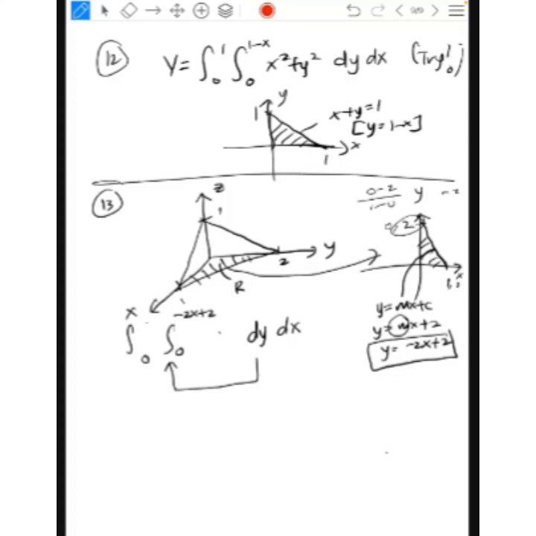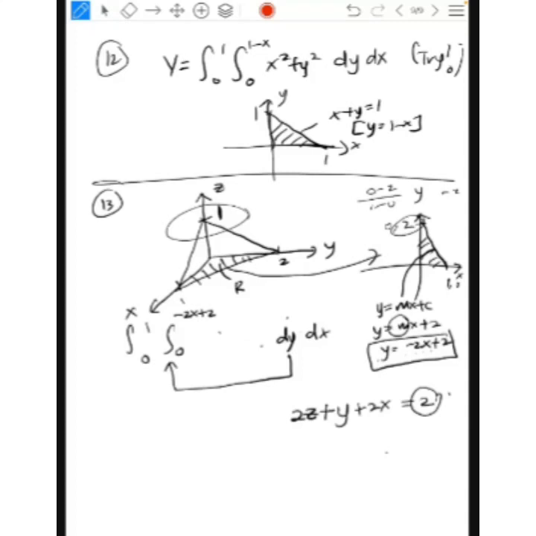So what is the integrand here? The question does not give you the integrand, but you have to find it out from the sketching. Now you have y equals negative 2x plus 2. But if you want to add z as well, if 2 is actually equal to 2, z happens when z equals 1. So here it is 2, to make z equal to 1, you will add 2z.